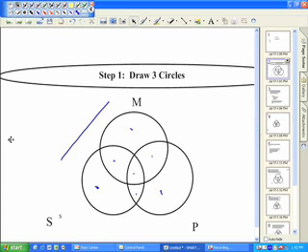Now, the idea is that with a valid syllogism, we should be able to draw our Venn diagrams for the premises, and the conclusion will be there. In other words, if we have to add anything to the premises to make the conclusion, then we're going to have an invalid syllogism.